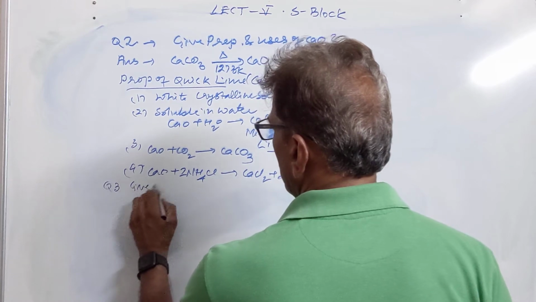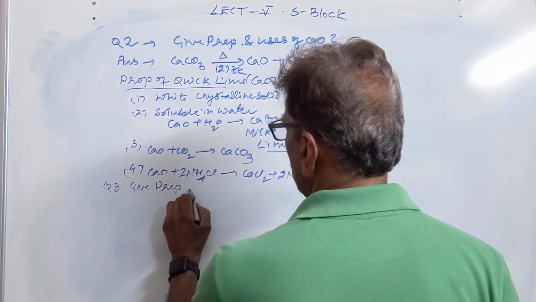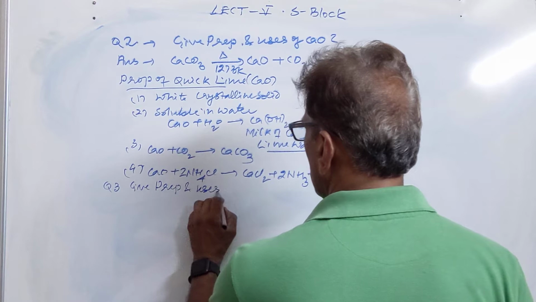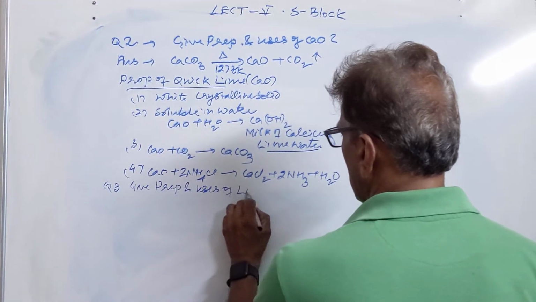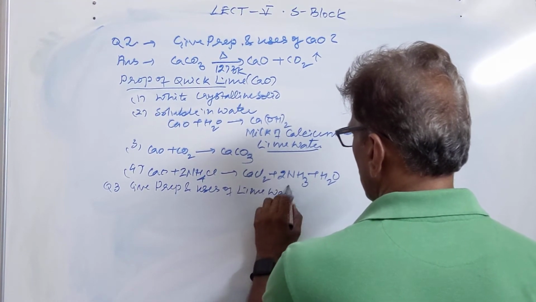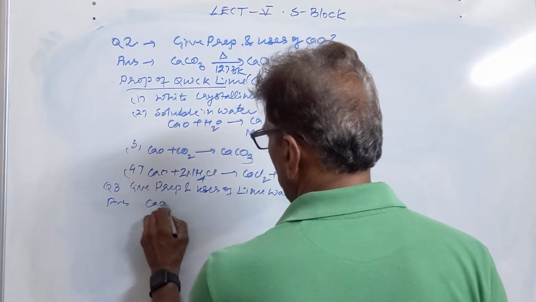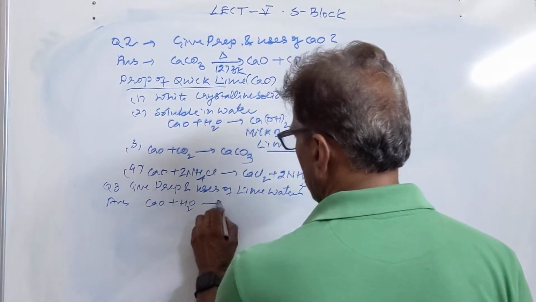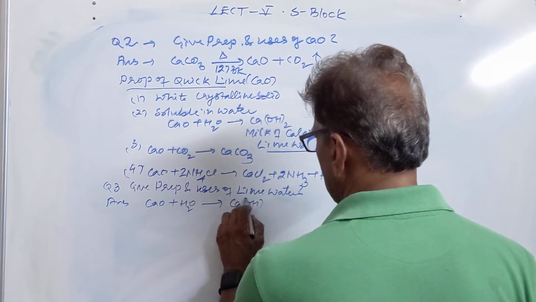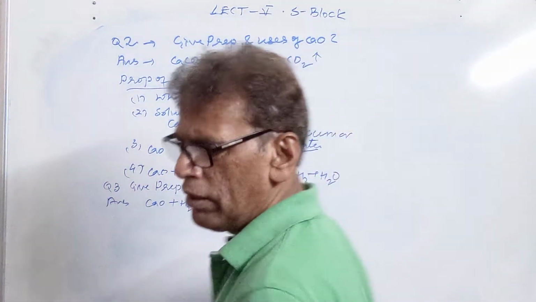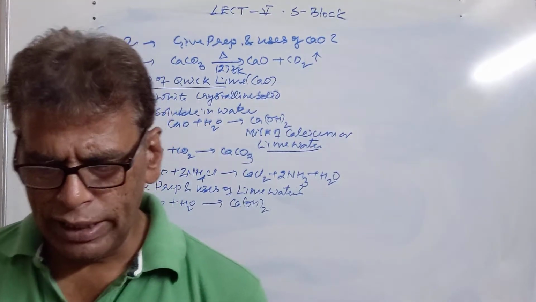Then we take the next compound: give preparation and uses of lime water. Lime water is prepared from CaO. By mixing it with water, we get Ca(OH)2. This is our lime water, calcium hydroxide.